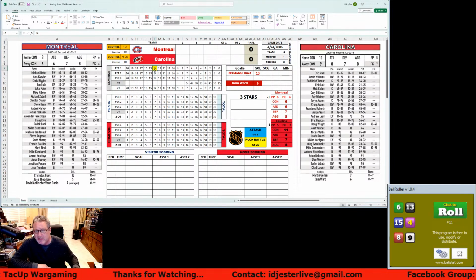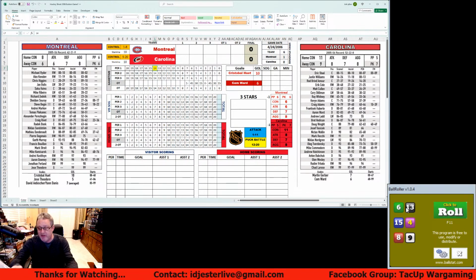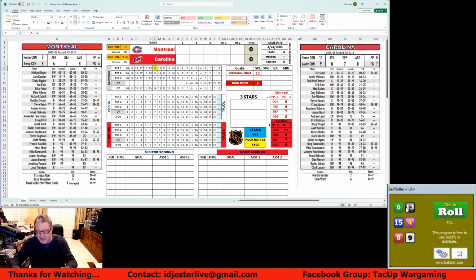There we go. So 6 minutes off the clock here in period number 1. It's a 13, which means it is a puck battle. So go to the puck battle chart, and we're going to look at percentile 89. Puck battle, first period, 89.